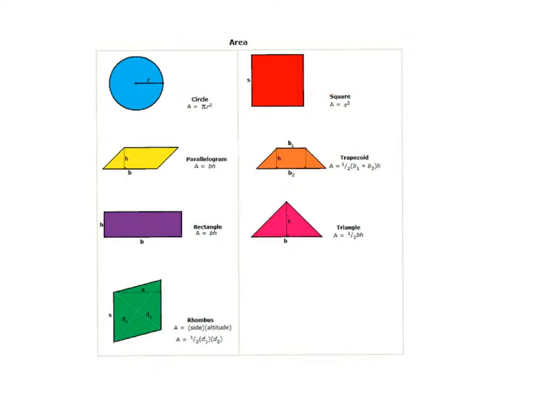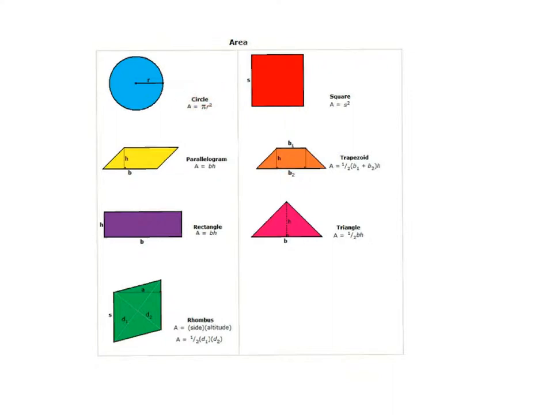With a rhombus, you can take the height times a side, or you can take the diagonals times each other and then times the half. Those are some ways to generalize the formulas for area for parallelogram, rectangle, rhombus, and square. For the square, you're just taking the same number times itself.